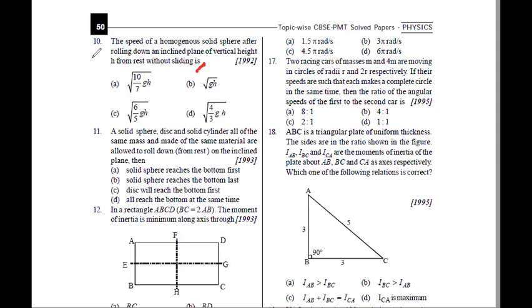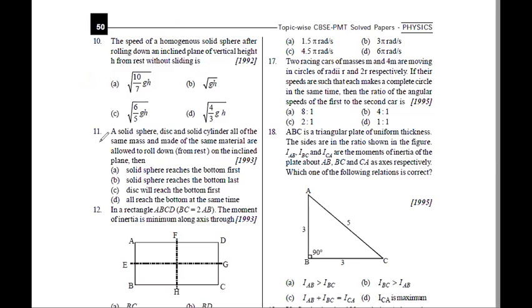When we talk about potential energy, what is the potential energy? Loss of potential energy, mgh, right? This should equal the total kinetic energy, which is half I omega square plus half mv square, right? In the previous question, it was a cylinder. In this question, it is a sphere. So it is exactly the same question. The only thing that will change is I.